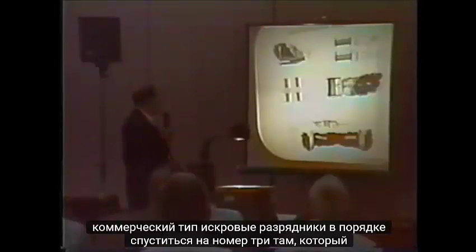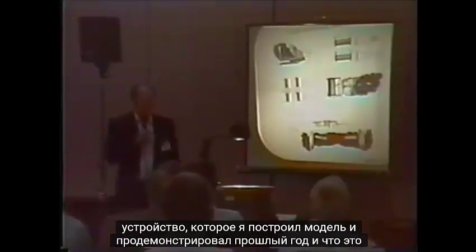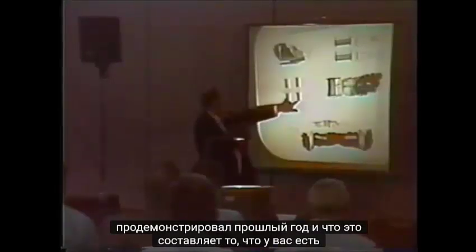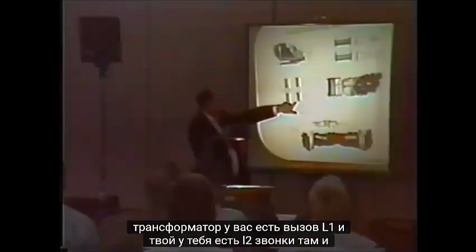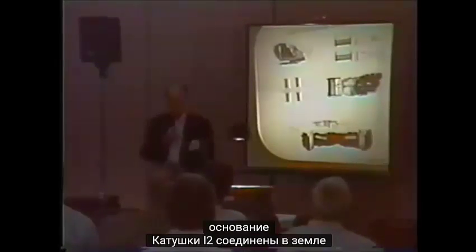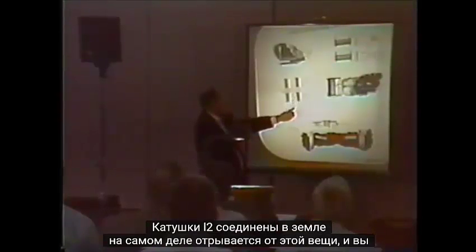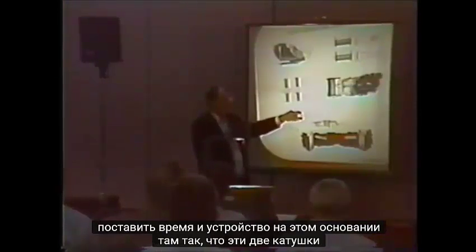Okay, come down to number 3 there. That is a device which I built a model of and demonstrated last year. And what it amounts to is that you've got a transformer, you've got your L1 coil, and you've got 2 L2 coils there, and the bases of both L2 coils are hooked together, and a ground actually comes off of this, and you put a timing device on that ground so that these 2 coils are activated for 60 cycles.